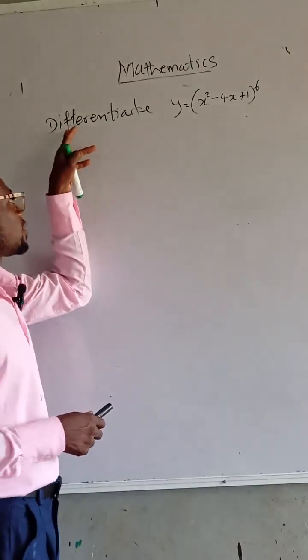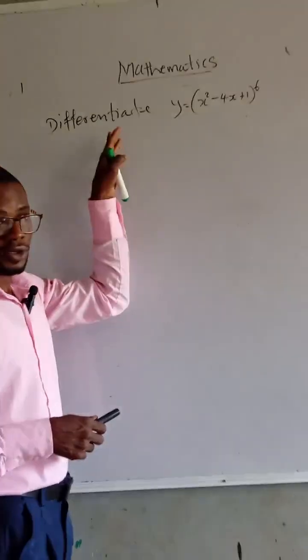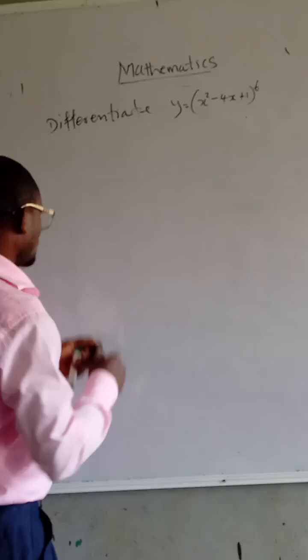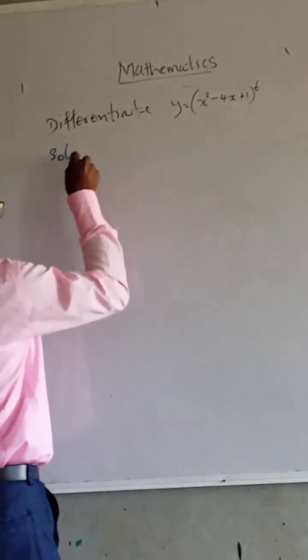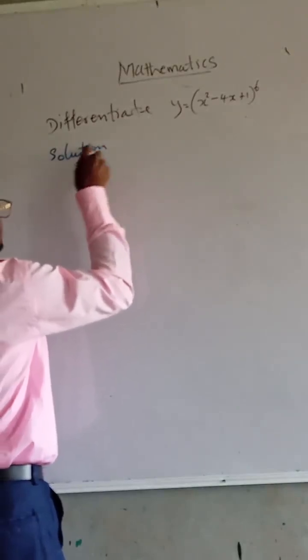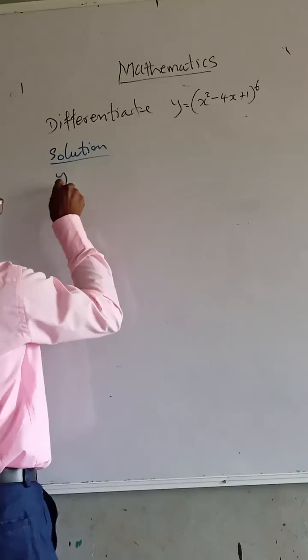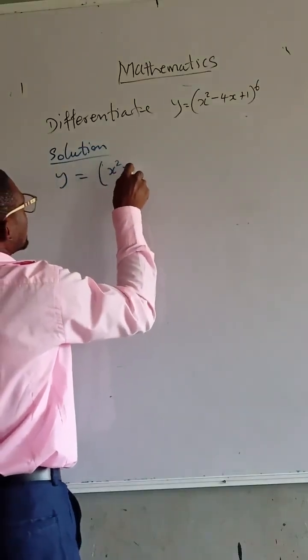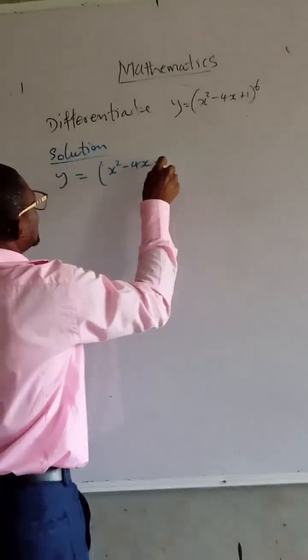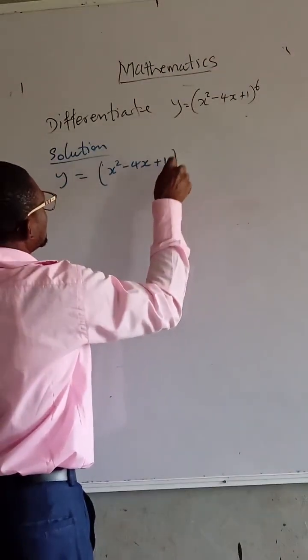I explain how to differentiate, but I will also do it here. Pay attention. We have y equals (s² − 4s + 1)⁶, alright?